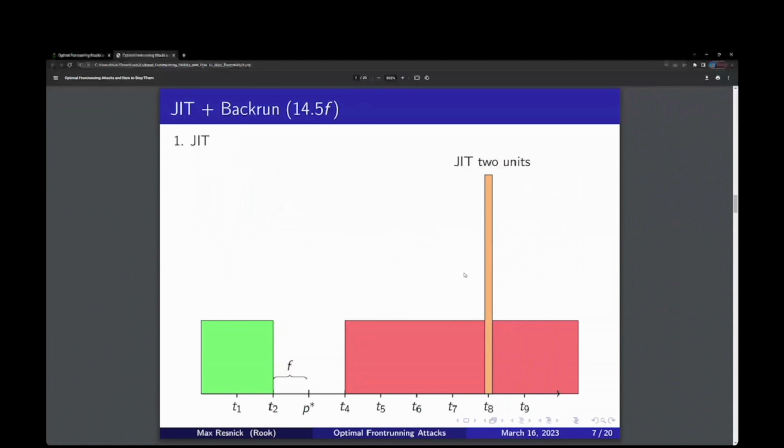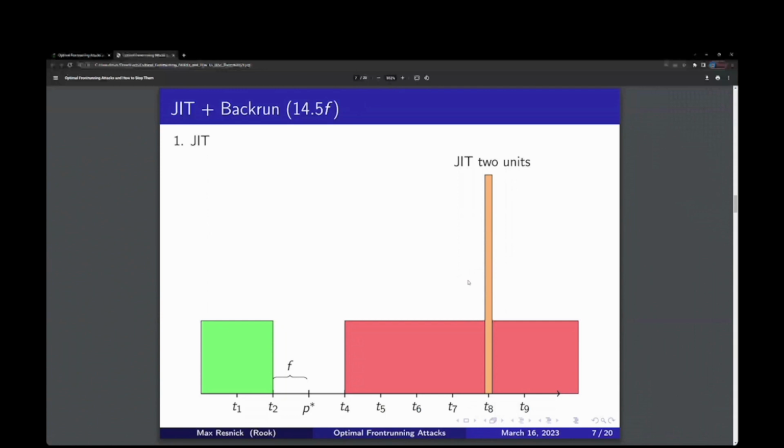Here's a second attack that's slightly better. And now we're introducing the idea of just-in-time liquidity. If you're not familiar with this, it's just calling the add liquidity function and then removing it in the same block. We'll see it here in more detail, but you add the liquidity, execute the trade, and then remove the liquidity.